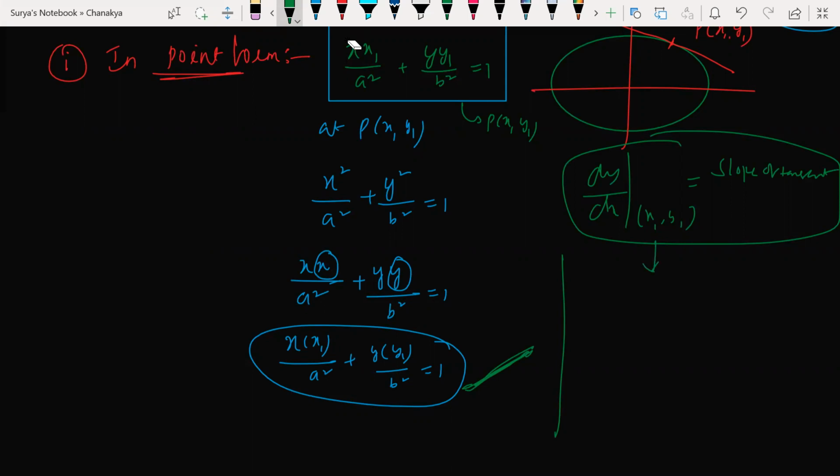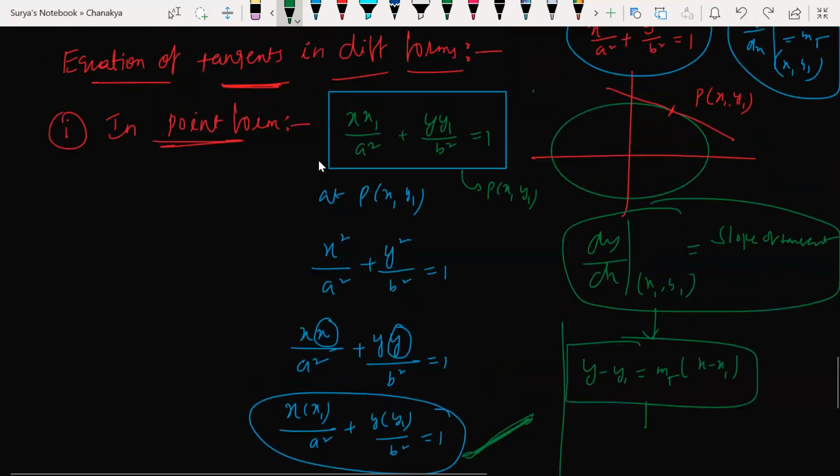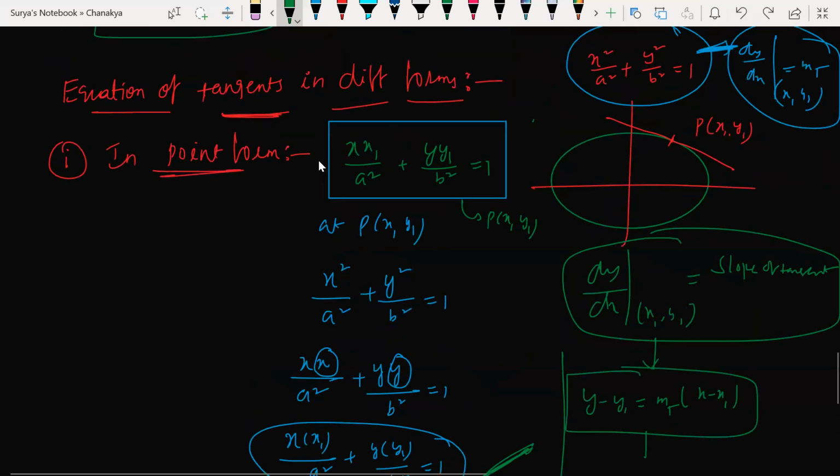I find that out and put it in this equation, y minus y1 is equal to mt into x minus x1. What is mt here? The slope of the tangent. If you solve this, you will get this formula. I'm just giving a rough idea. Please go through that. If you want to prove it, you can go through that and solve it. Okay? Yes or no? Yes.